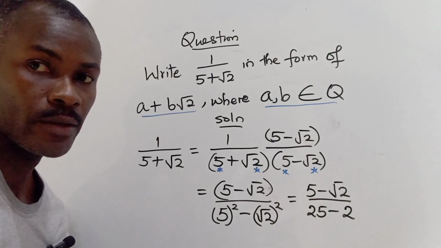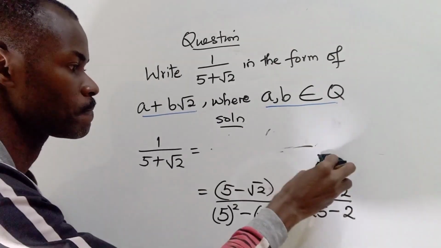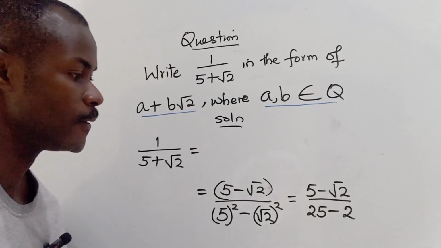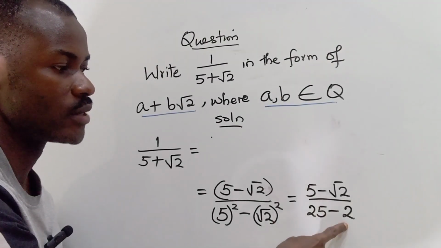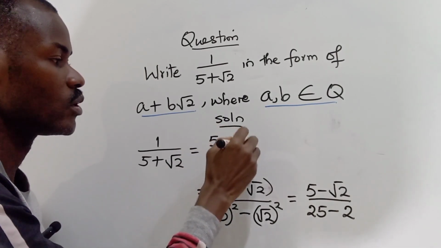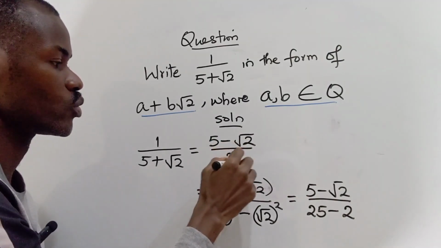So with that, we can now simplify this further. Let's simplify further and see what we have. 25 minus 2 at the denominator. So let's see what that is going to give us.